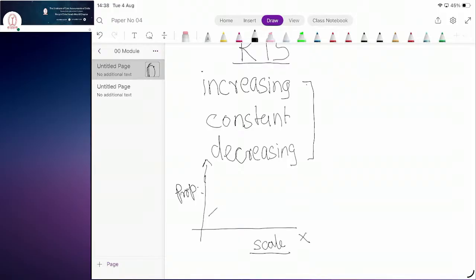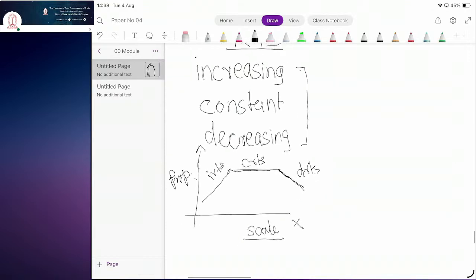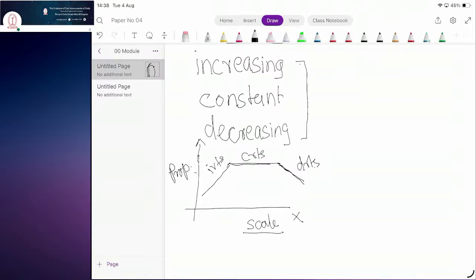When it is rising, it means increasing returns to scale. When it is plateauing, that is constant returns to scale, and when the increase is less than proportionate, it is called decreasing returns to scale. But it is not a very intuitive diagram, so don't bother much about this. Even this table is not so easy to read.